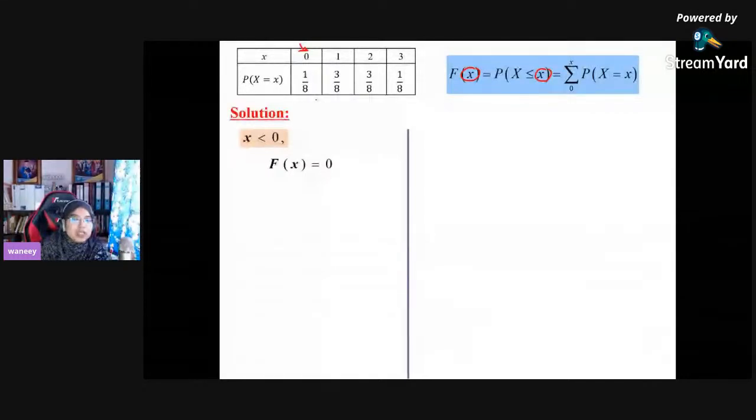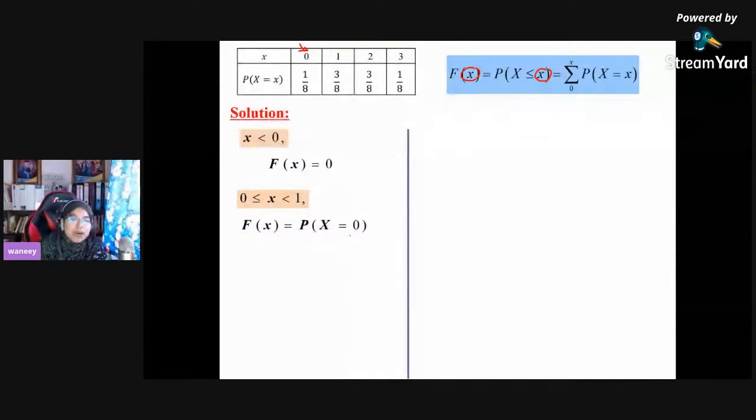Okay, so if x is greater than or equal to 0 and less than 1, then F(x) is simply equal to the probability for X equal to 0. So before we start, the cumulative should be equal to 0. When we start directly at 0, the probability should be equal to 1 over 8.